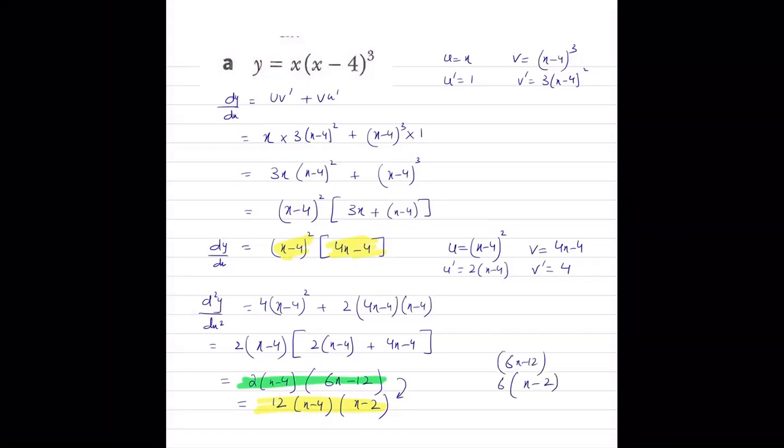So it gave me 6 times x minus 2. And I multiplied this 6 by 2 to get 12. x minus 4 as it is, x minus 2 as it is. Do you guys need time to copy this down, or is it okay? It's okay.